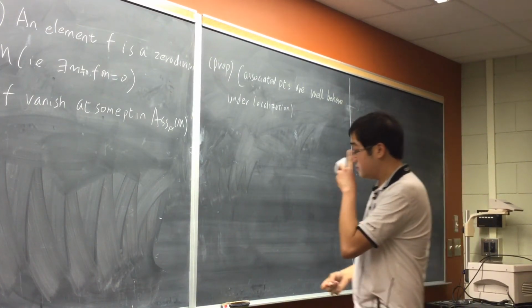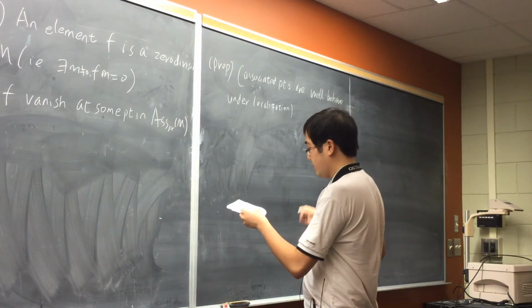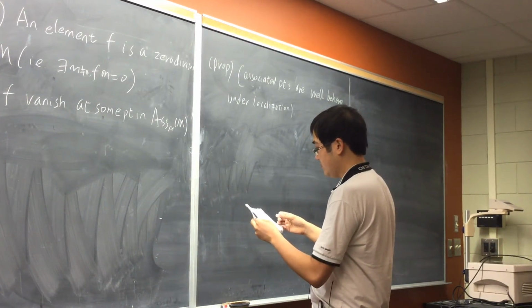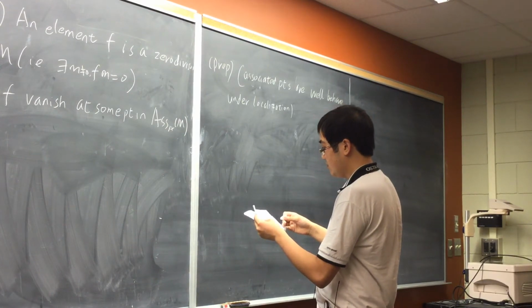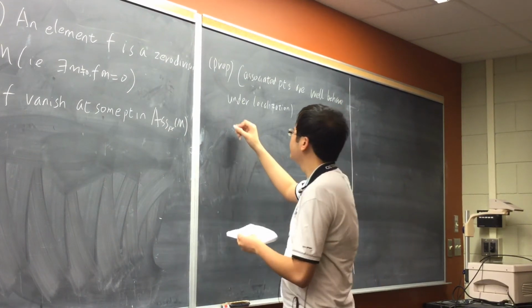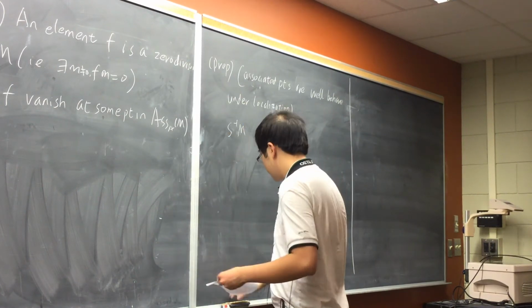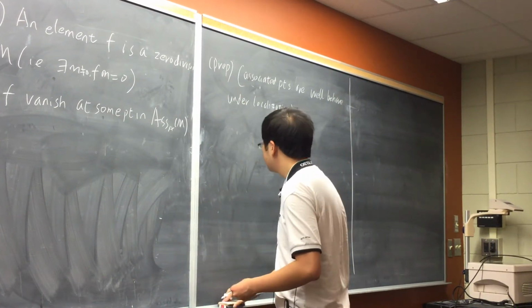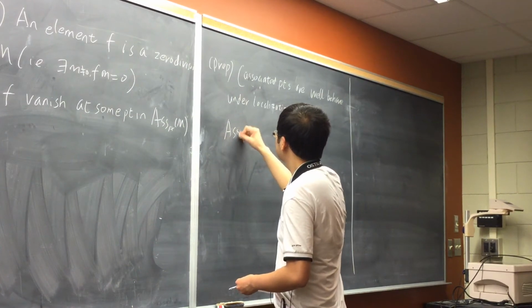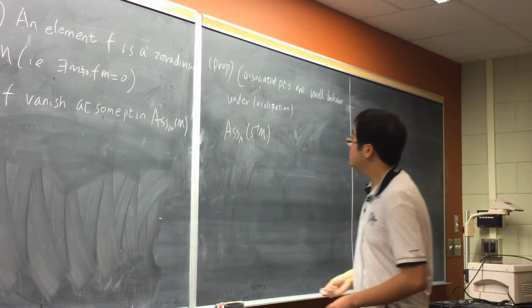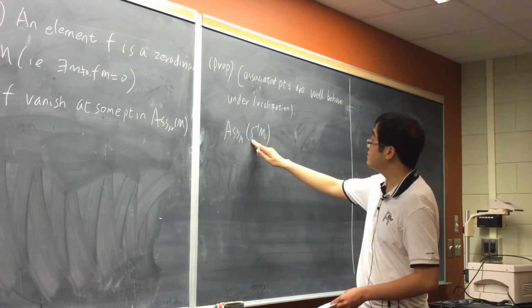So this property says that if X is a set in A that's closed under multiplication, then I write it in this form: the associated points of S inverse M.